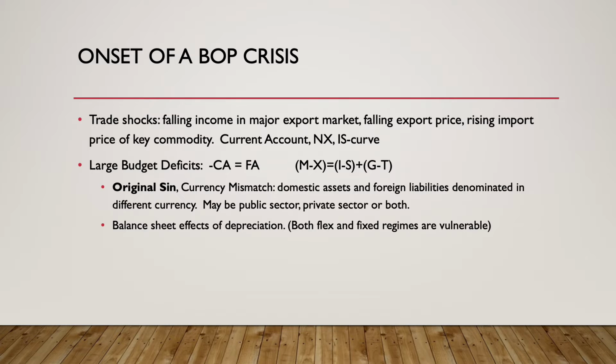But to a large extent, when an emerging market borrows internationally, whether that emerging market is a private sector entity or a government, a public sector entity, it often is constrained in the sense that it cannot borrow in its own currency. Investors don't want to invest pesos into Argentina for fear that inflation will cause the value of the peso to decline and hence the value of their investment to decline.